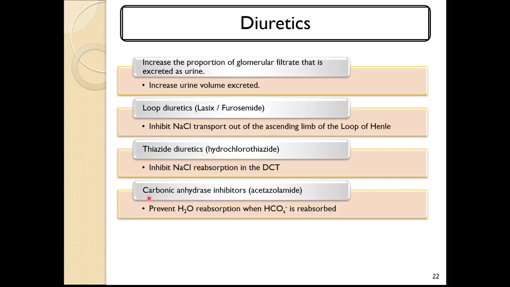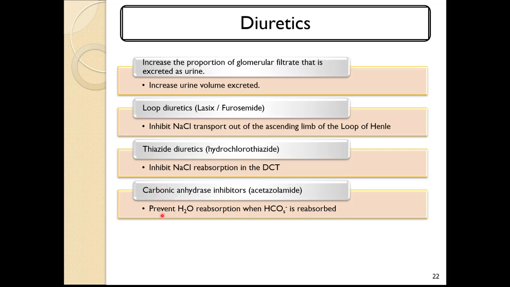The next type of diuretic that we have are carbonic anhydrase inhibitors. Now, I just mentioned carbonic anhydrase, which if you recall is used in the bicarbonate equation, right, to move it back and forth.